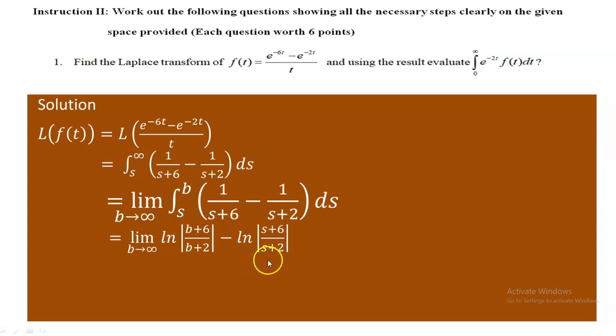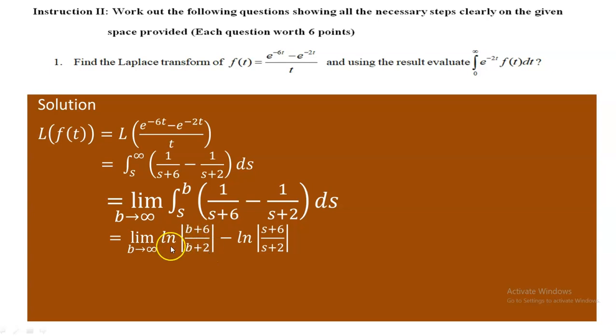The limit is analyzed on b, so this has no effect on this part, because it is treated as a constant, we don't have b there. As b goes to infinity, this is going to be ln 1, right? Because take ln out and analyze the limit as b goes to infinity of b plus 6 over b plus 2.